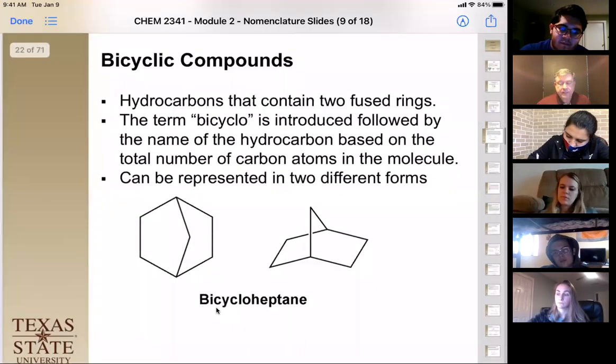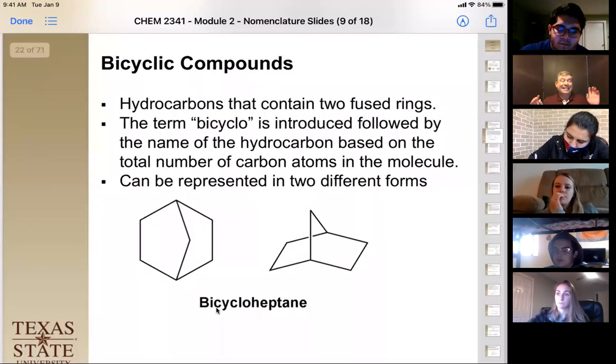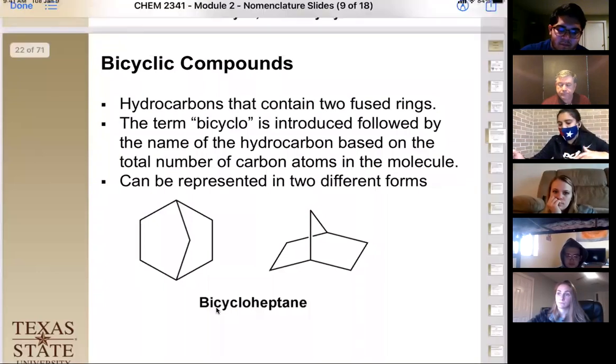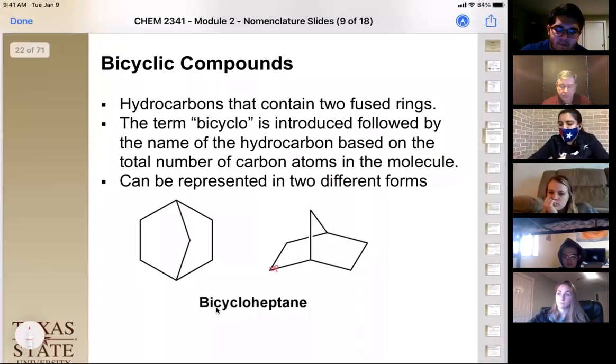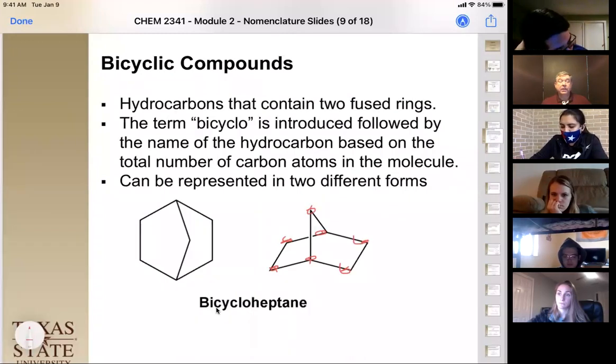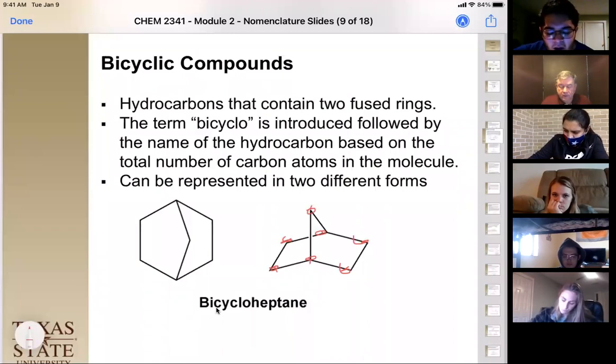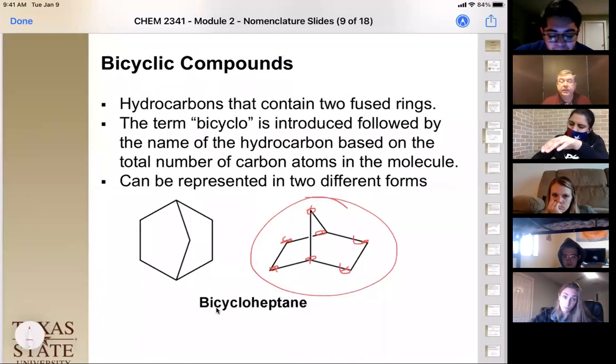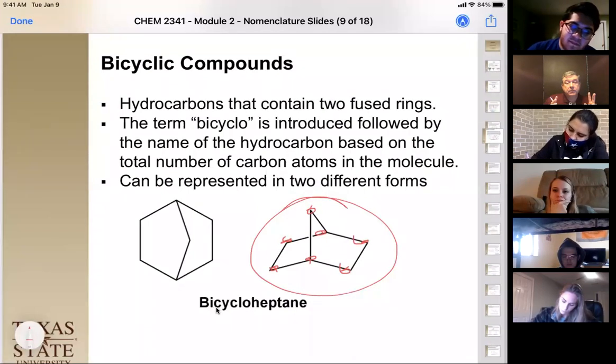With bicyclos, it's the total number of carbons in the rings. So 1, 2, 3, 4, 5, 6, 7. When you first start out with bicyclos, make sure you draw pencil marks on there to make sure you're counting them all. We have 7 carbons here, so that gives us heptane, but we have 2 rings, so it's bicyclo.